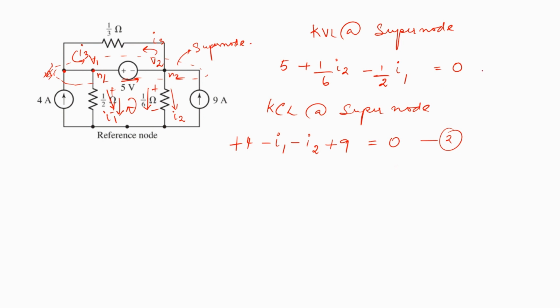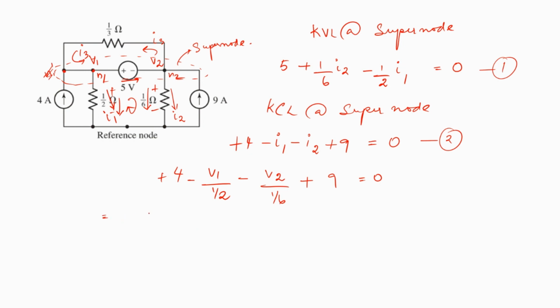I can actually simplify this equation in terms of my nodal voltages, where I have plus 4 and I1 is nothing but V1 by half, so there is a minus sign here, minus V2 by 1 by 6 plus 9 is equal to 0.